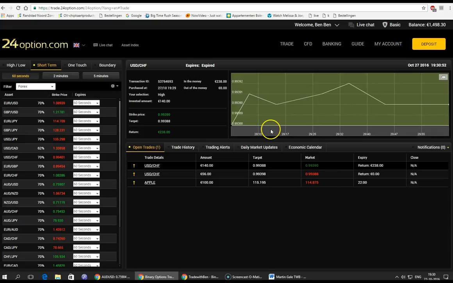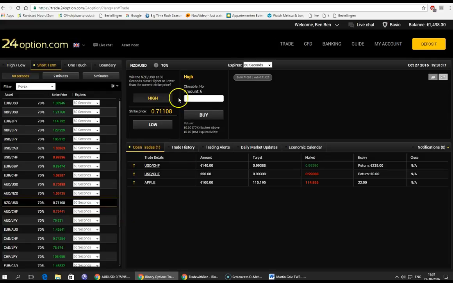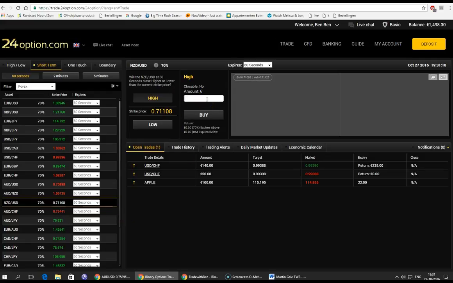By the way, I really love this. I love when it never goes out of the money. If it just stays green, it never went below the entry. So that's amazing. I love that. I see that the New Zealand dollar and US dollar has a good possibility of going to recover quite soon.